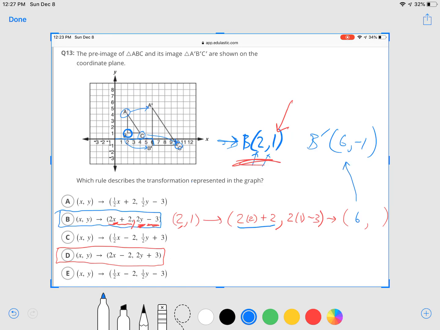So that's a good start. And then this right hand coordinate, the y coordinate, is 2 times 1 is 2, minus 3 is -1. Okay, so this transformation rule worked for the point B to get transferred to B prime.